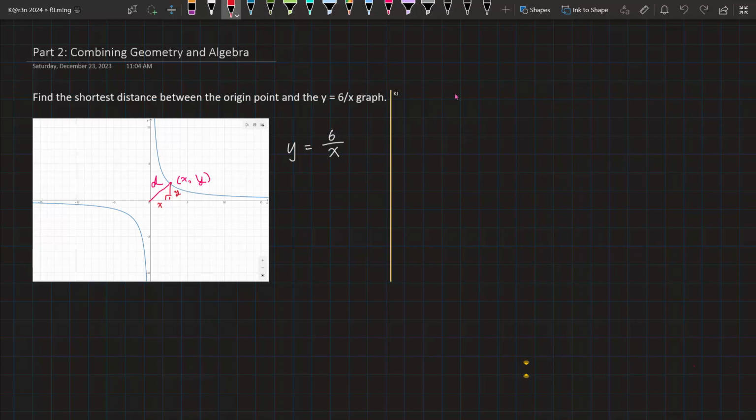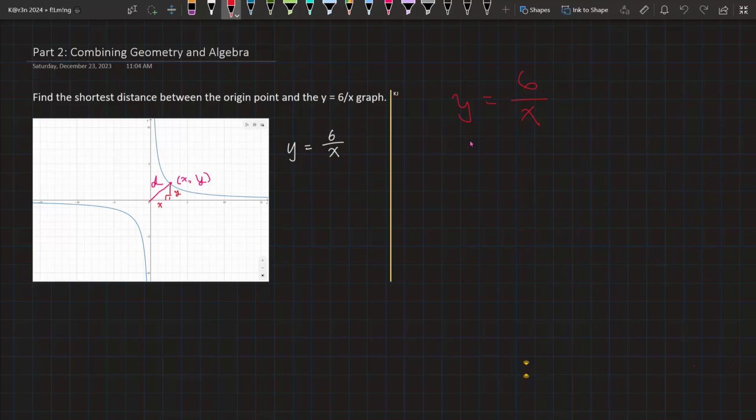From the problem, we know that y is equal to 6 over x. So we already have a relationship between two variables. But here we see that if we draw auxiliary lines from this point down to the x-axis, we can create a 90-degree angle, which is creating a right triangle. And the formula that is most famous for right triangles is, of course, the Pythagorean theorem.